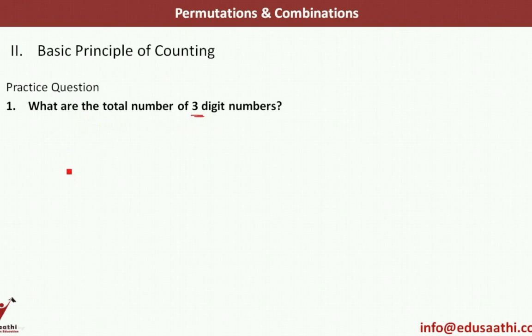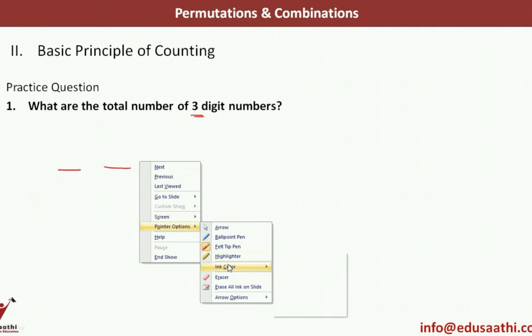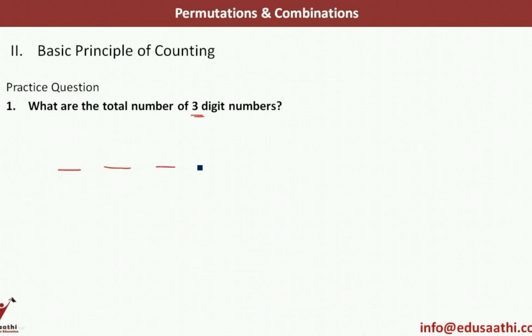Now 3-digit numbers, let's draw 3 spaces here. I have 3 spaces because a 3-digit number will have some number on the hundreds place, some number on the tens place, and some number on the units place.